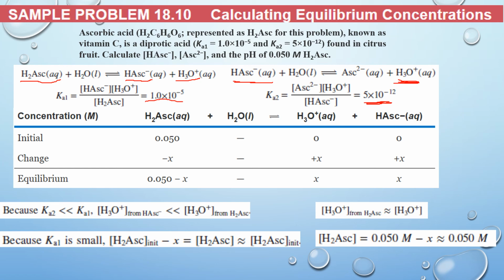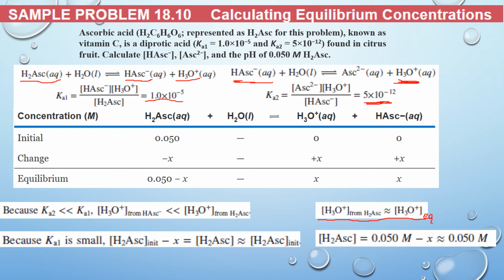So when this whole system is at equilibrium, I will assume the proton concentration all comes from the dissociation of the first reaction, because the proton generated in the second reaction is so small. So I'll say the proton concentration generated from the first reaction is equal to the equilibrium concentration. So here this will be the equilibrium concentration of the proton.